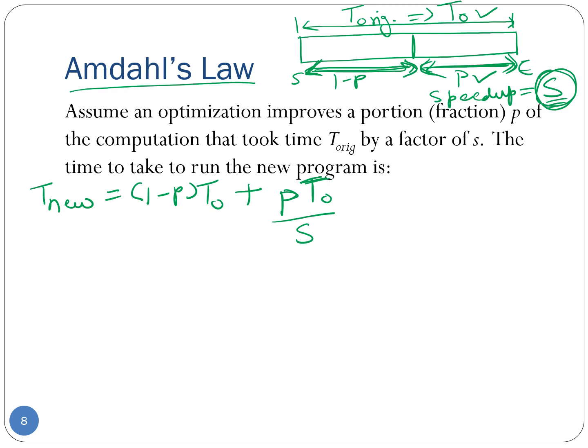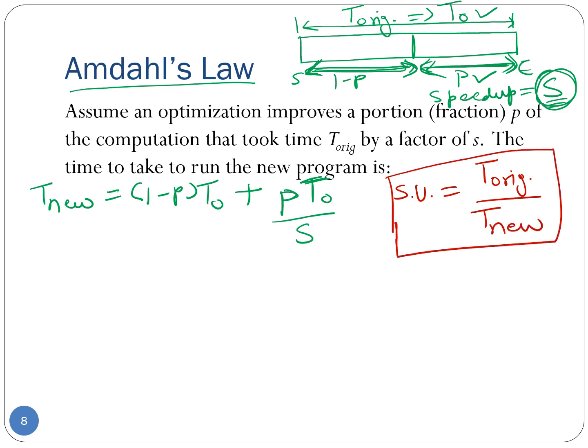Now the question is, what is the speedup that we have achieved in this new system as compared to the original program? So always remember, speedup is basically defined as the ratio of the original execution time and the new execution time. This is a fundamental result that can be used for deriving the speedup of any system.